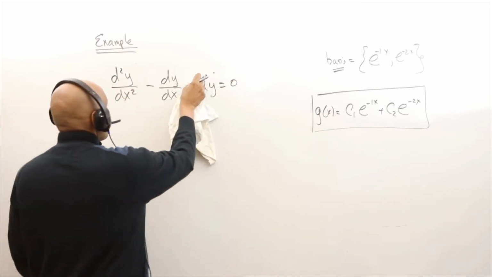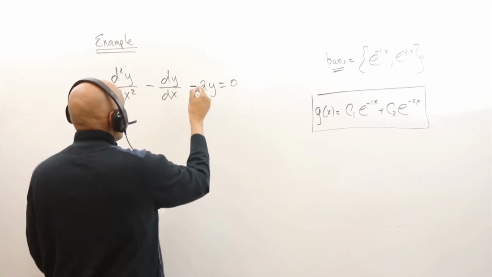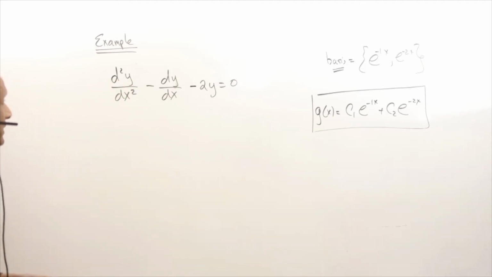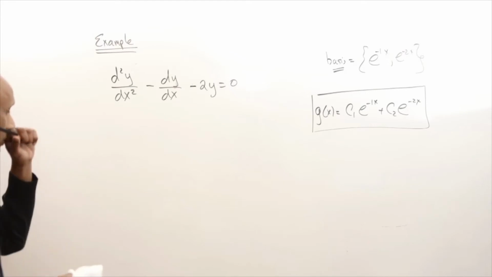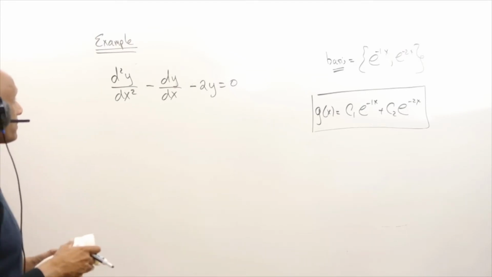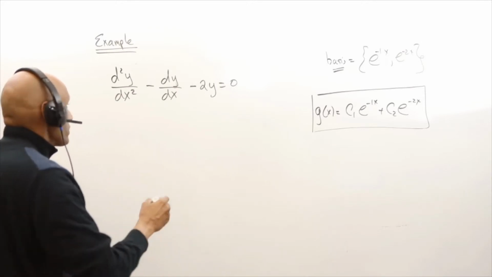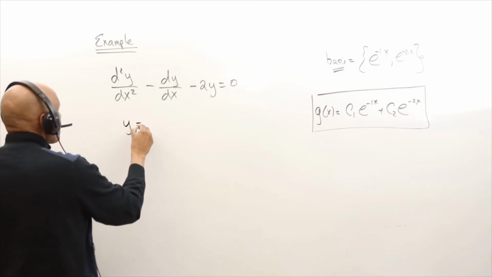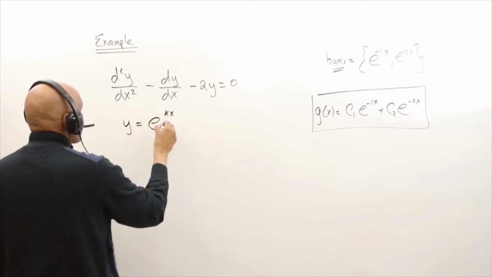Oops, let's make this a minus. I'm selecting these functions because I want to keep them simple so I don't waste time using the quadratic formula, which we can do later. The main idea is you want to write the characteristic equation. Again, we try a trial function of e to the kx in this equation.